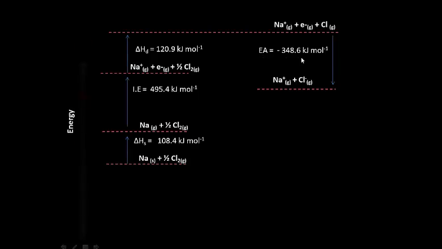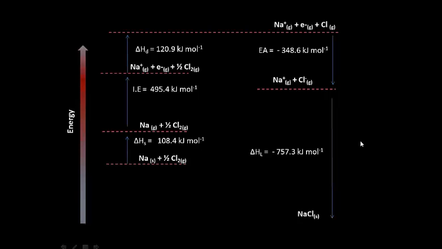This energy change is around minus 348.6 kilojoules per mole. If a sodium chloride crystal is formed from sodium cation and chloride anion, there will be a further decrease in the energy, and this energy is known as lattice energy.